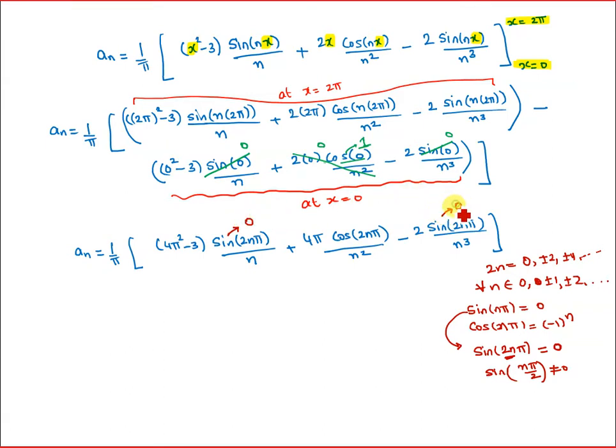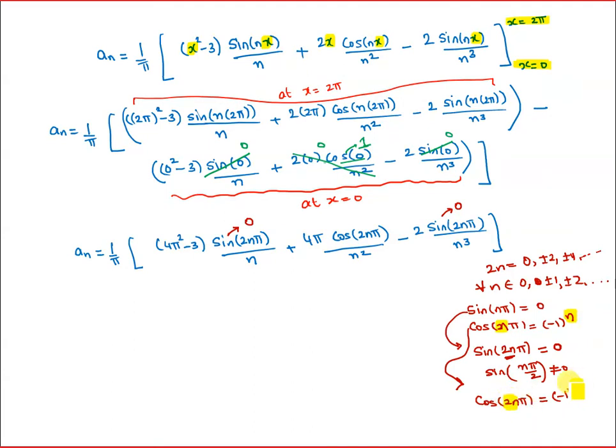Similarly, when we work with cosine of n pi, if it is cosine of 2n pi, this is minus 1 to the power 2n. When it is cosine of n pi, the power is minus 1 to the power n, meaning whatever is the coefficient with pi goes in the power. Here, the coefficient with pi is 2n, so it goes in the power. Let me explain.